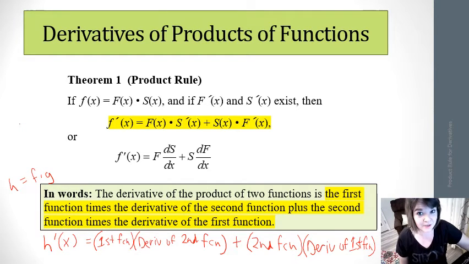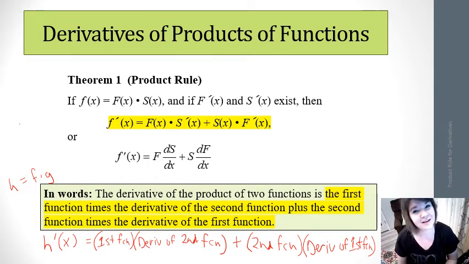Okay, so in layman's terms, you have two functions multiplied together and you need the derivative. Take the first function, leave it alone, multiply by the derivative of the second function, add, and then take the second function, leave it alone, multiply it by the derivative of the first function.